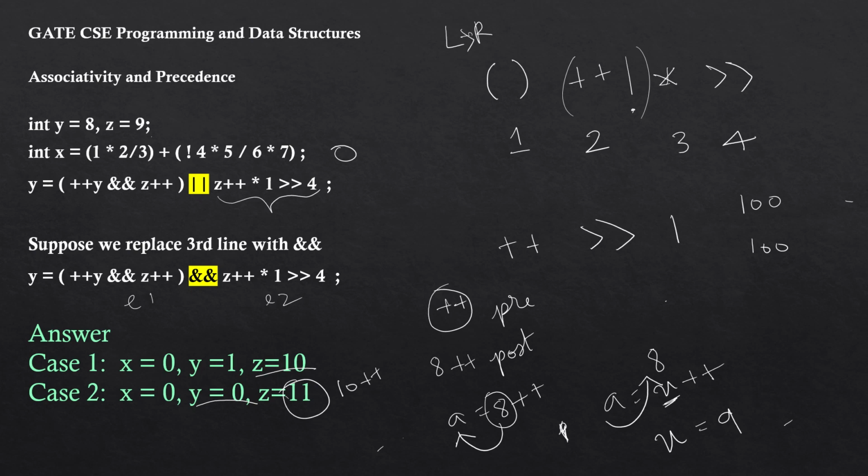When you do left shift by 1 bit, it becomes 100. But when you're doing the right shift, it became 2. Next operator we saw was not. You can think of it like some sort of reversal. It does the negation. Negation of true becomes false. Negation of false becomes true.